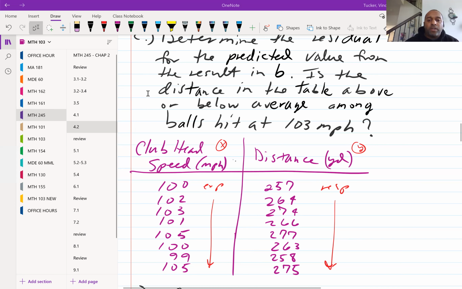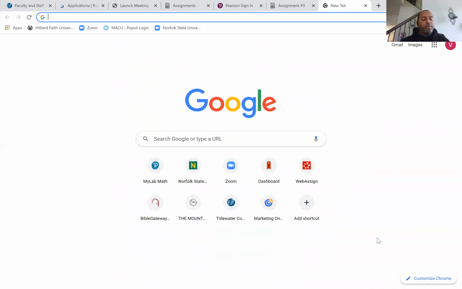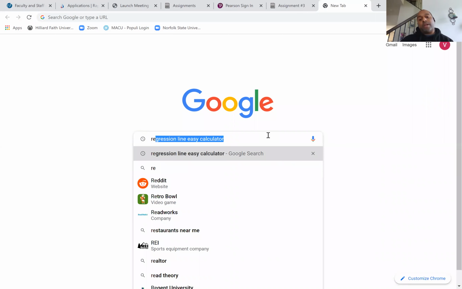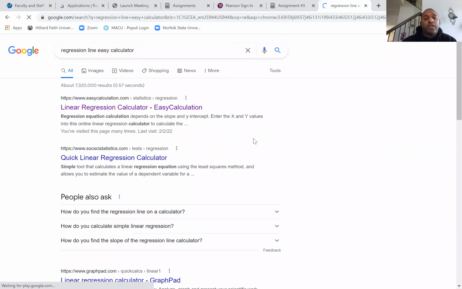So let's go to Google. We talked about this last class as far as calculating the correlation coefficient. Remember I said using easycalculation.com is a great option. Same thing with the regression line. I would type in what I'm trying to find, regression line, and then at the back of that put in easy calculator or easy calculation. So that's what I did here.